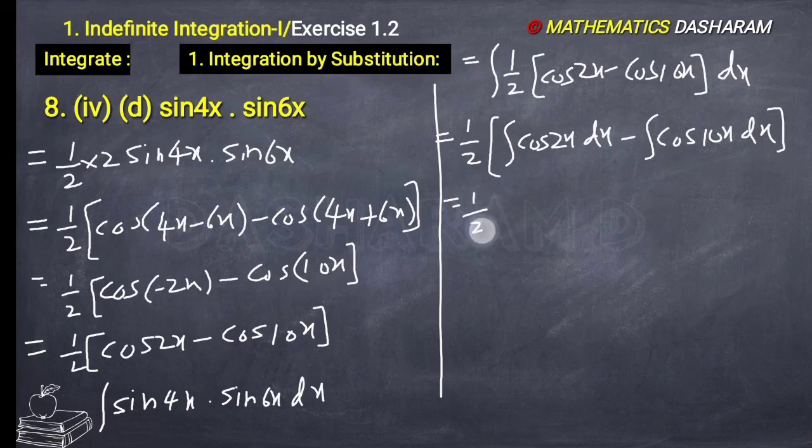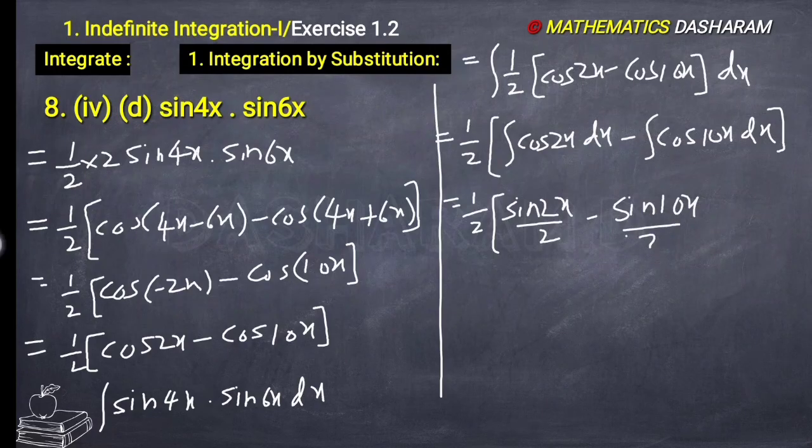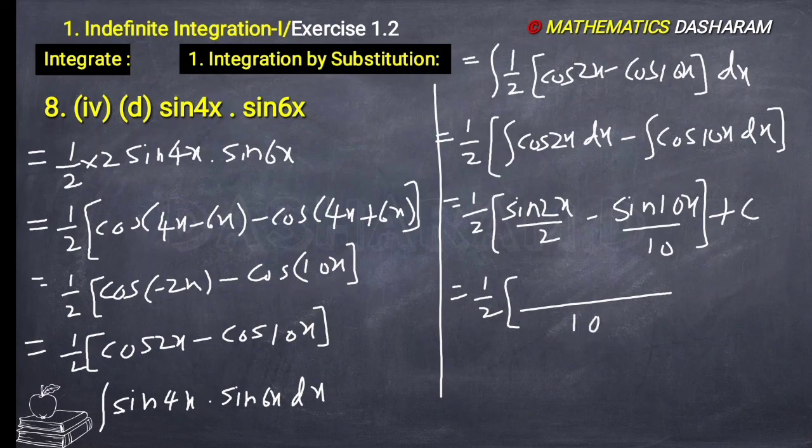So 1 by 2 bracket of integration cos 2x is sin 2x by 2 minus sin 10x by 10 plus c. So 1 by 2. Here the LCM of 2 comma 10 is 10.